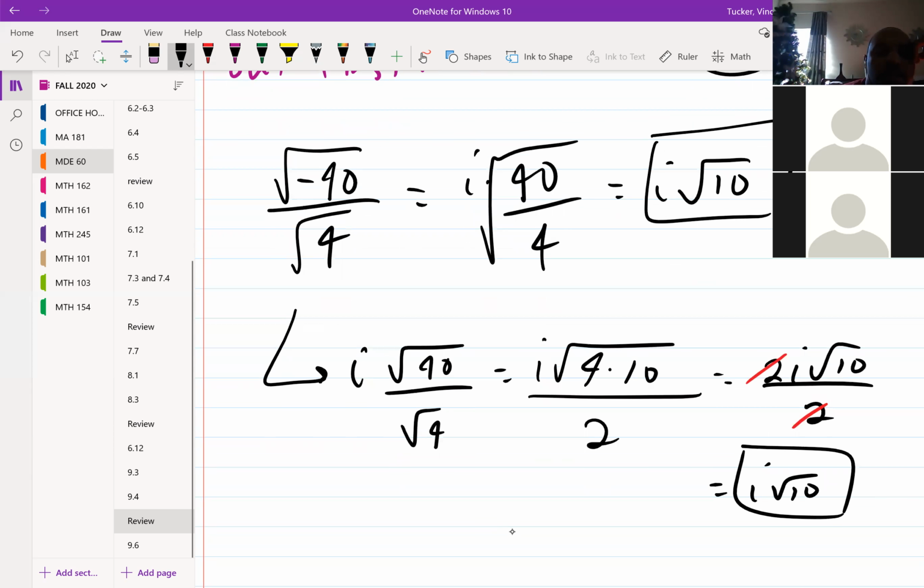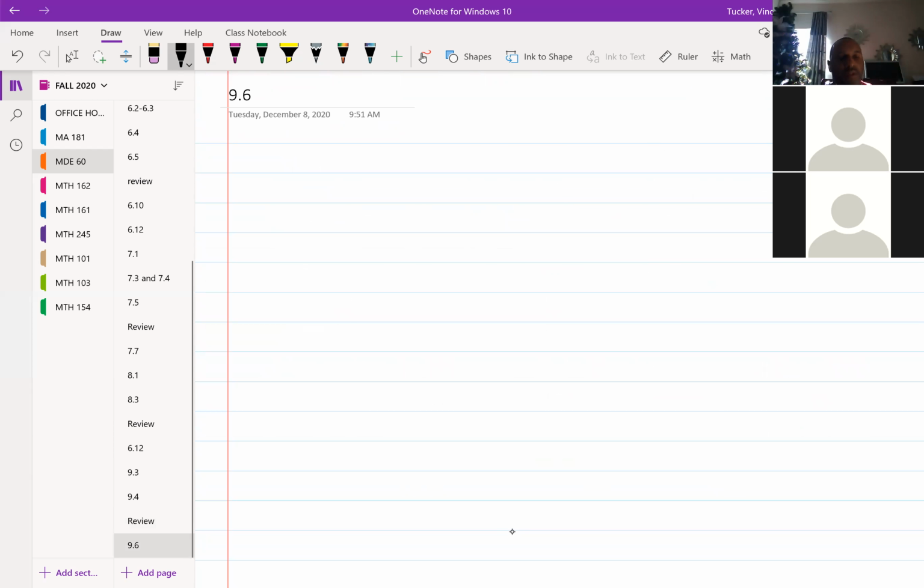All right, so let's look at vertexes real quick, or vertices.